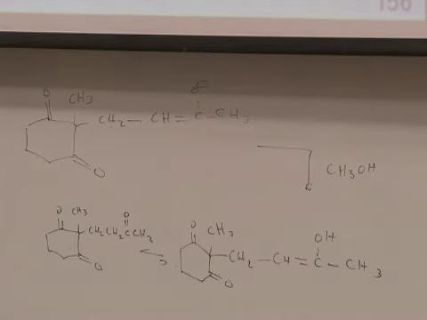Now, if you have this product and you react it with sodium ethoxide, for instance, then you are going to have an intramolecular aldol condensation. So you started with the Michael addition, and then you have an intramolecular aldol condensation, and the product will be the result of a reaction that is called the Robinson annulation.